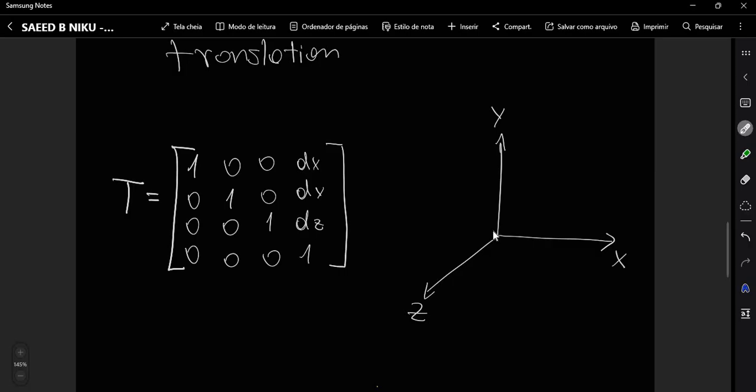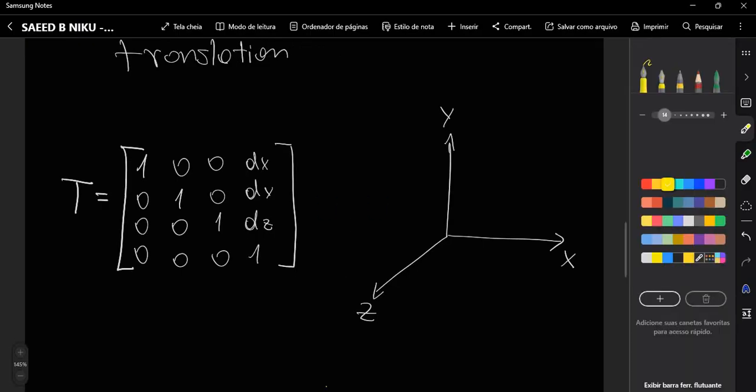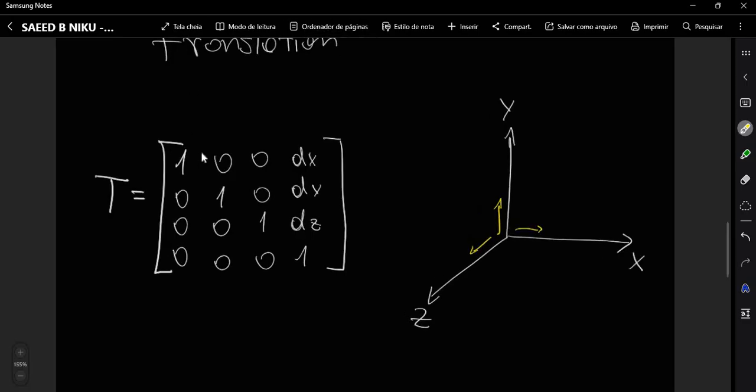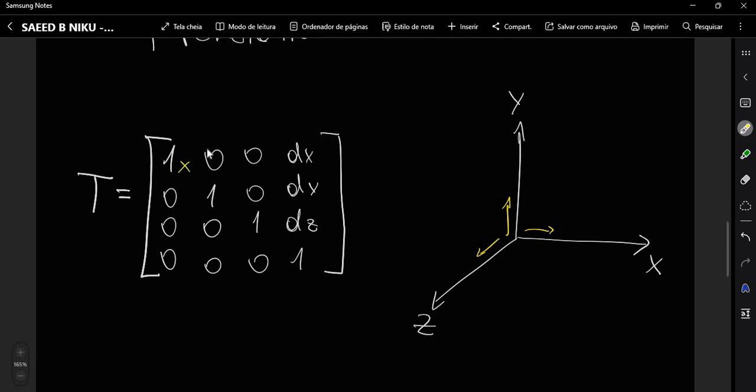So that is our reference system, also an axis system, and we have the unit vectors x, y, z, x, y, z, x, y, z.